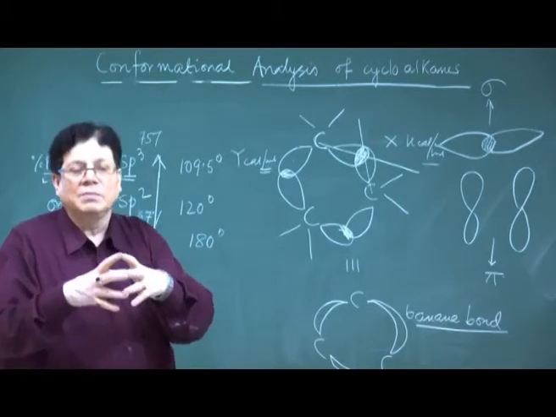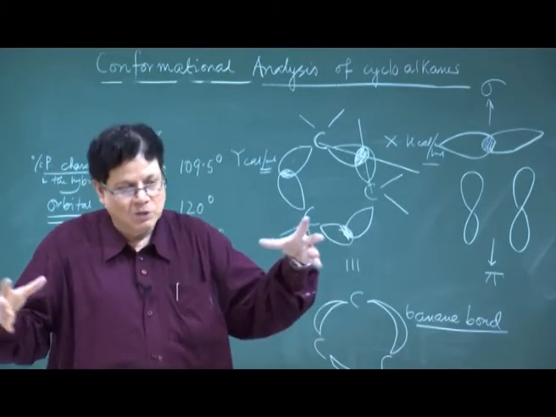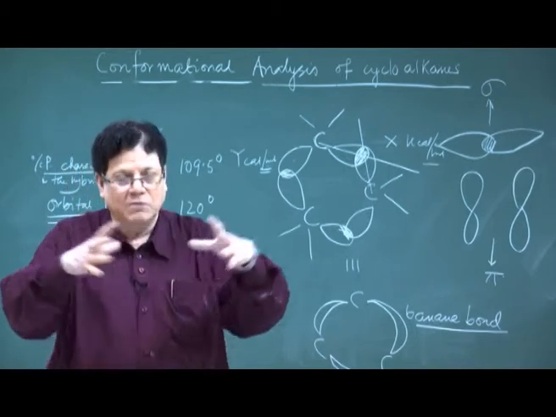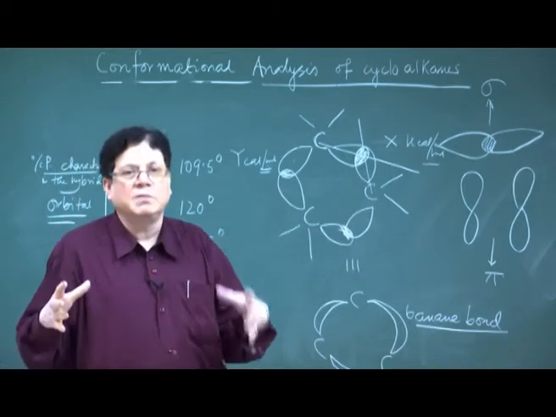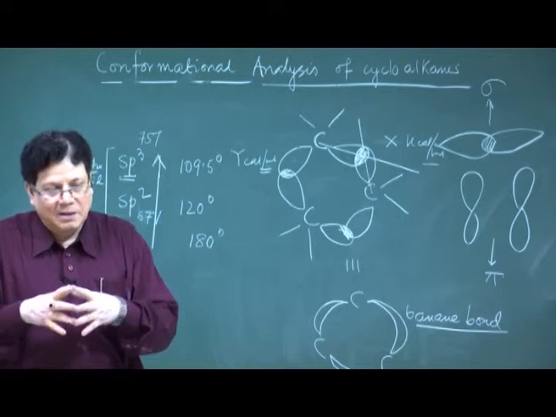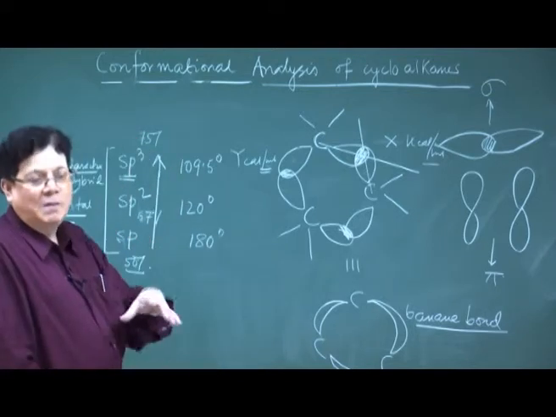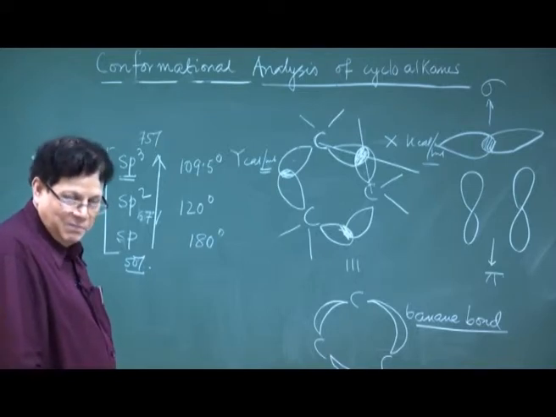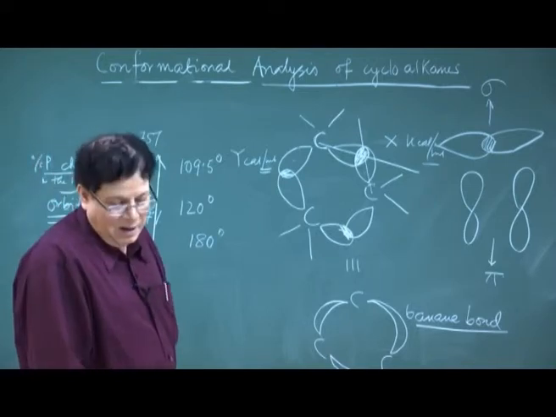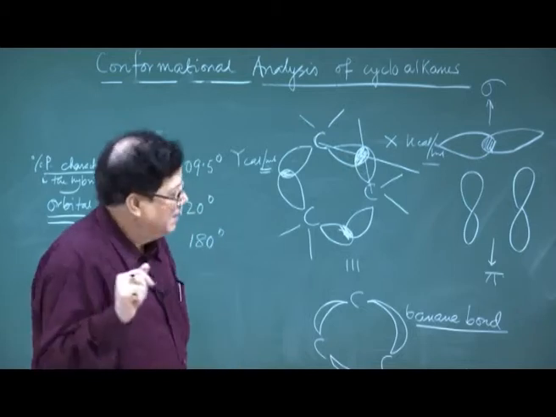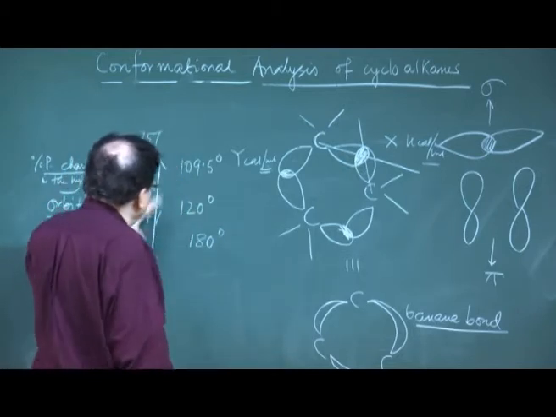You mix them, and because 4 orbitals are combining, you generate 4 new orbitals, which are called hybrid orbitals. These hybrid orbitals have identical energy, that is the important thing, and that means they are degenerate.